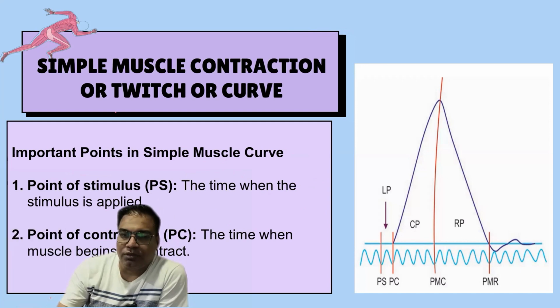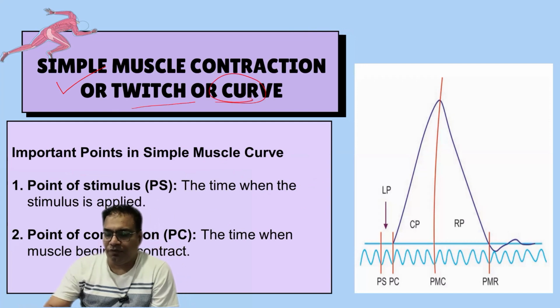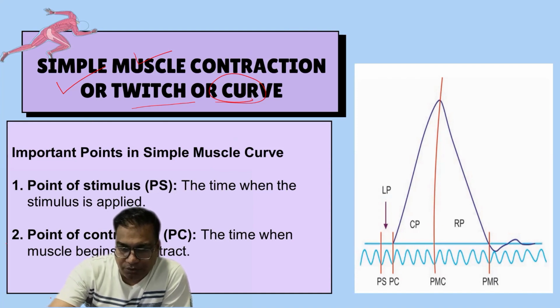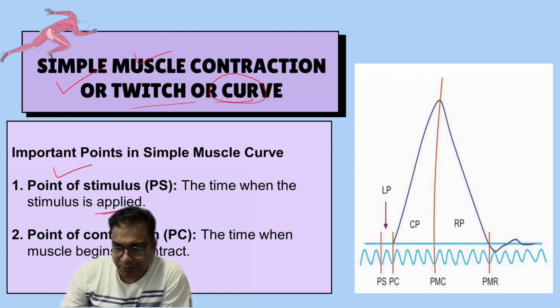Now come to the simple muscle contraction, twitch or curve. It is a very basic graph which is shown by contraction in muscle. Now we discuss some specific points. The first one is the point of stimulus, the time when the stimulus is applied.